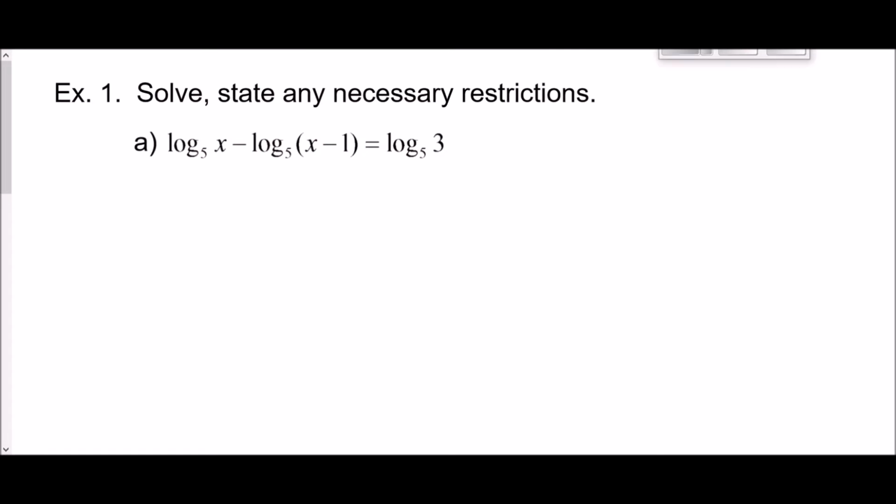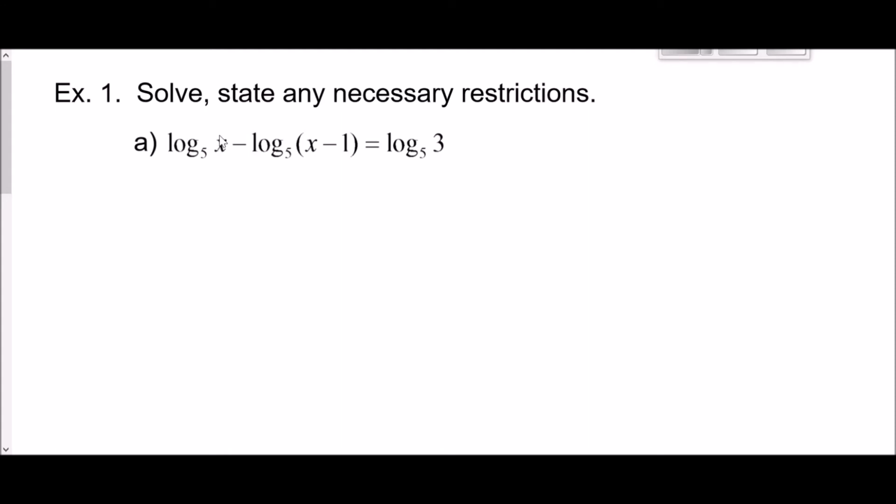Now let's solve some questions. For this question here, there are two ways you can solve that. Let's do it one way first. If you look at this, we have log base 5, log base 5. So what we need to do is combine the log.